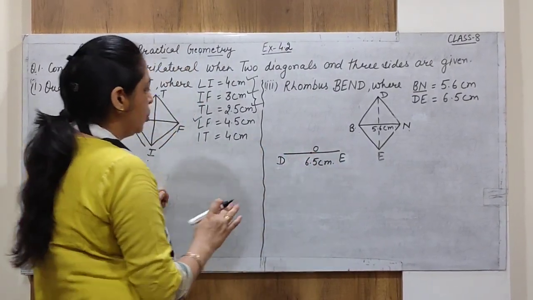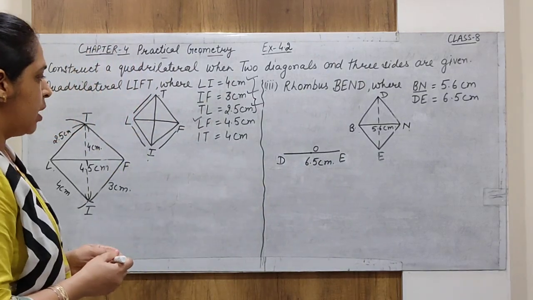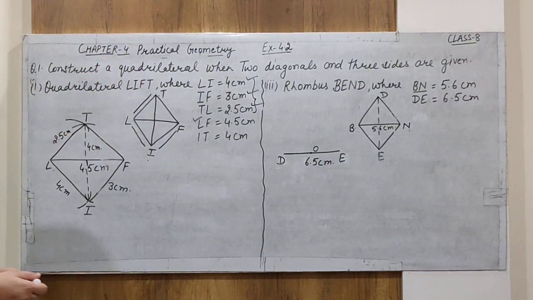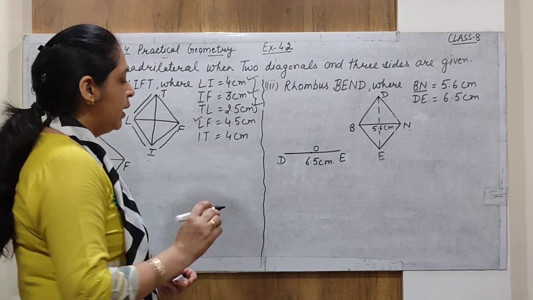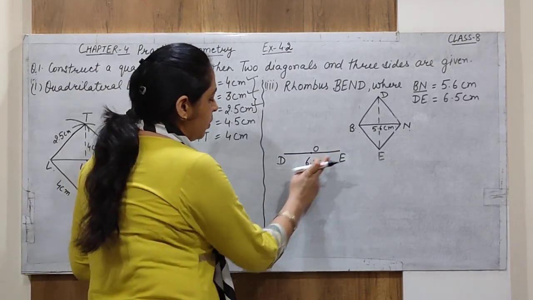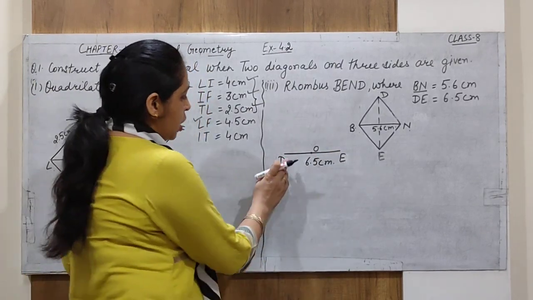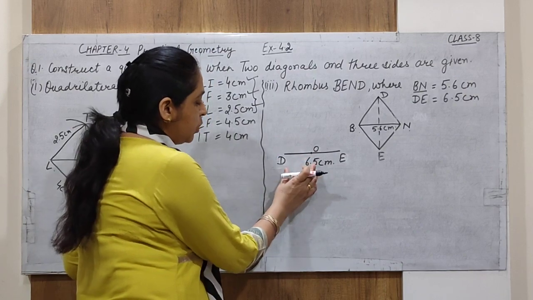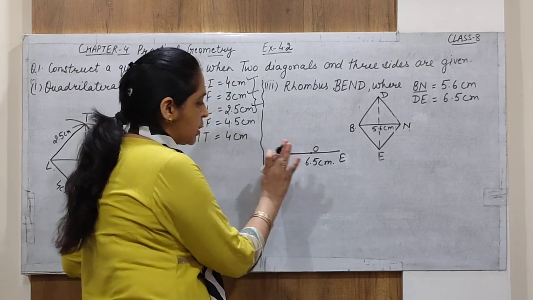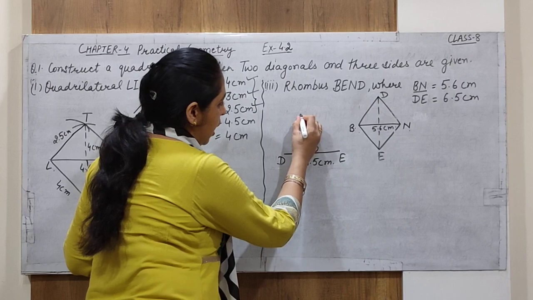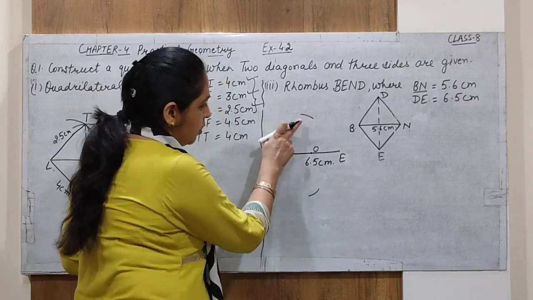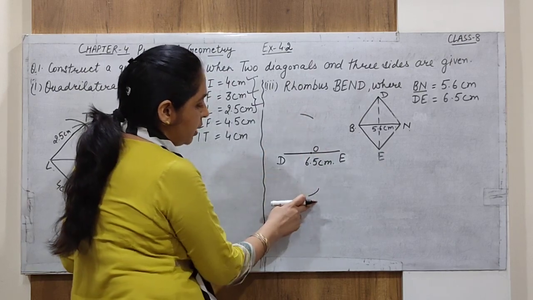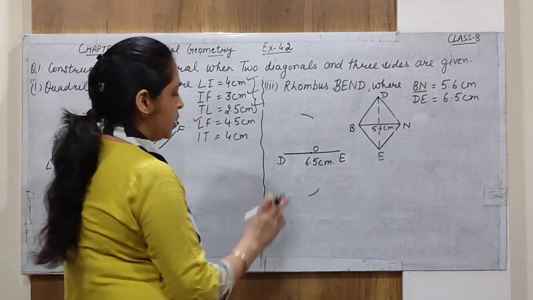Now, what we have to do is find the perpendicular bisector of the line DE. Using your compass, open it more than half approximately and draw an arc. Considering D as center, draw two arcs, one in the upward direction and one in the downward direction.